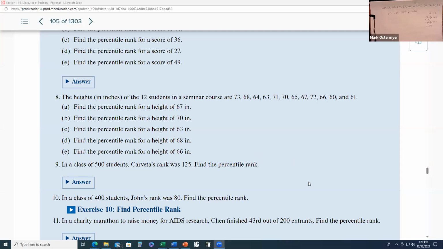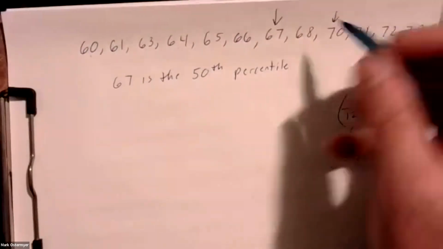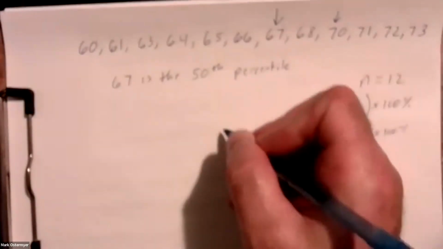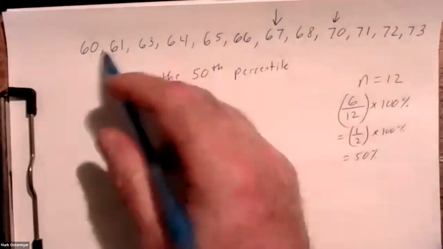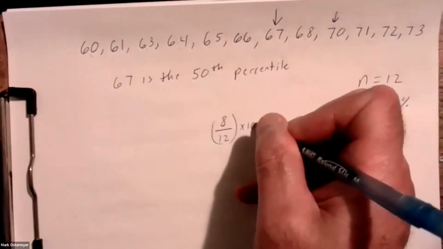Now 70 inches would be right here. We have 1, 2, 3, 4, 5, 6, 7, 8. So 8 observations are less than 70. That would be 8/12 of 100% for a percentile value.